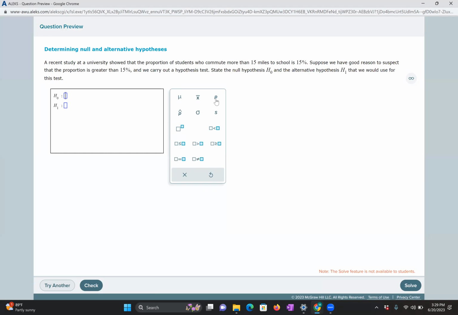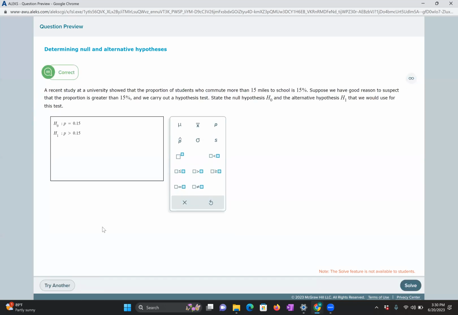So we're going to start with P equal to 15%, or you can actually say 0.15, as opposed to, in this case, P greater than 0.15. That's what they want, or how they want it expressed.